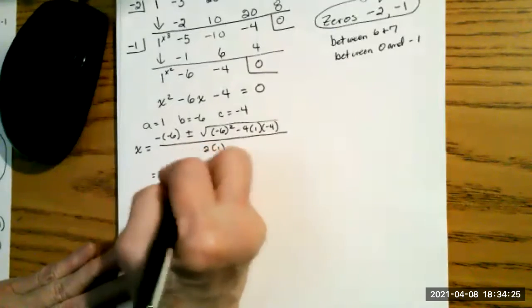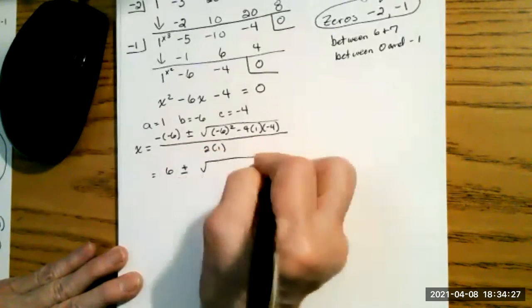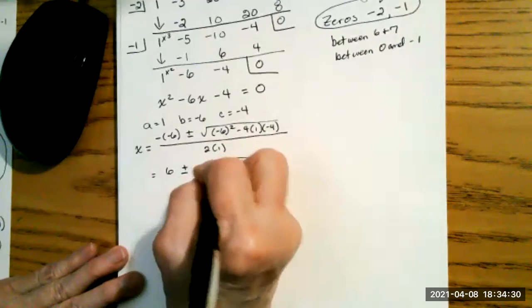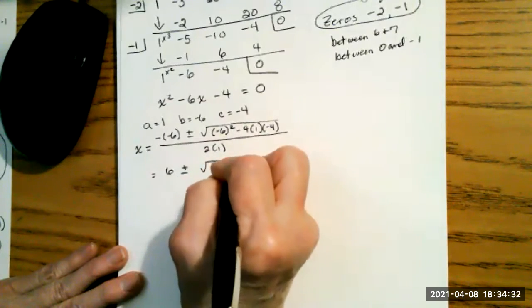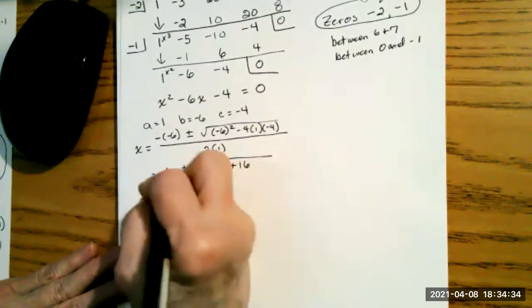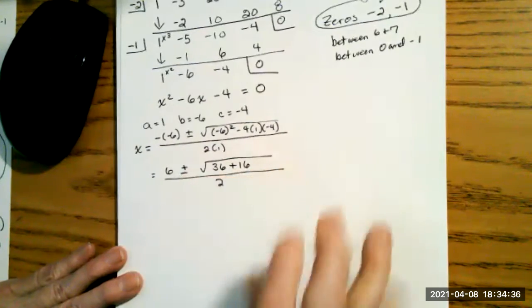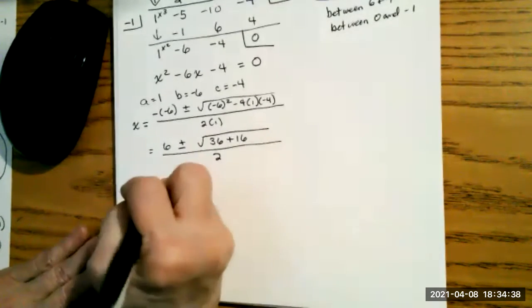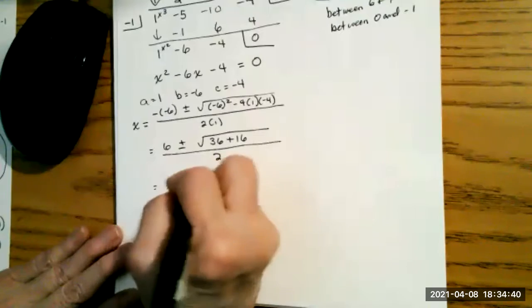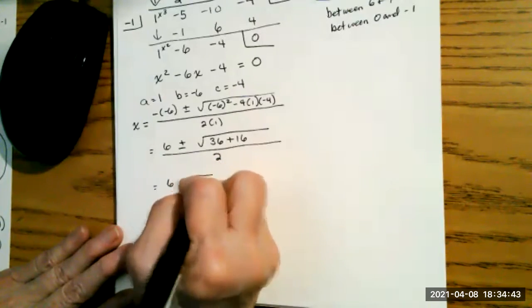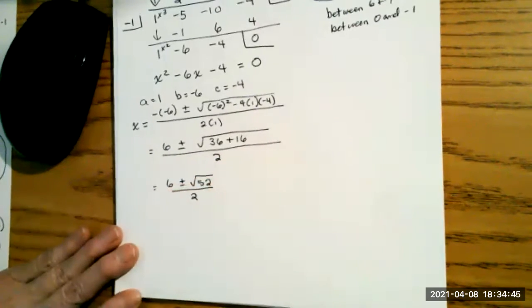So now I have a positive 6 plus or minus 36 plus 16 over 2. And that is 6 plus or minus the square root of 52, if I added that correctly, over 2.